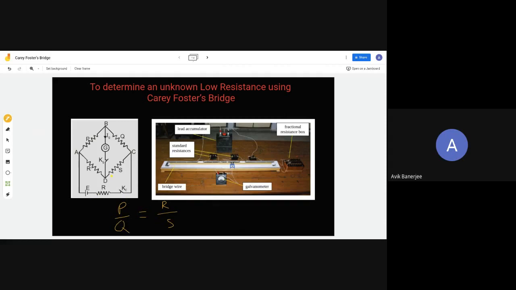মানে ধরা যাক আমি P নিলাম, P is equal to 1 kilo ohm, Q is equal to 1 ohm, R is 500 ohm, S is 4 kilo ohm.